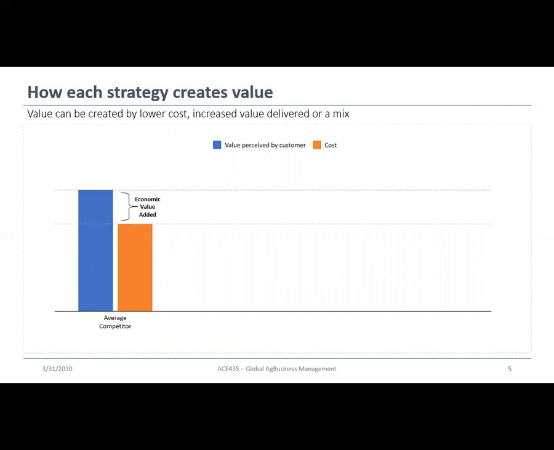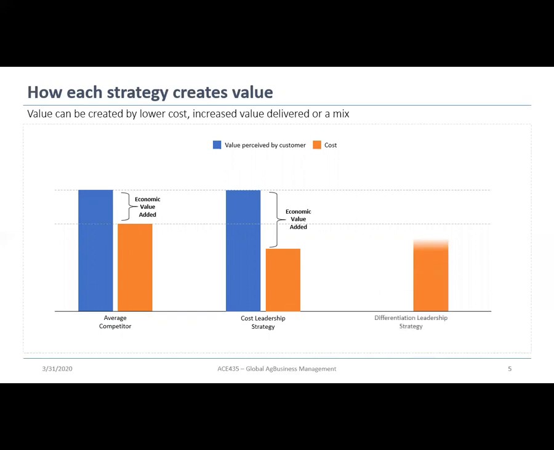And we have here our first strategy, cost leadership strategy. As you might already think, a cost leadership strategy is a competitor or a player that is delivering the same value to customers, however, at a lower cost. So it's generating more economic value added.